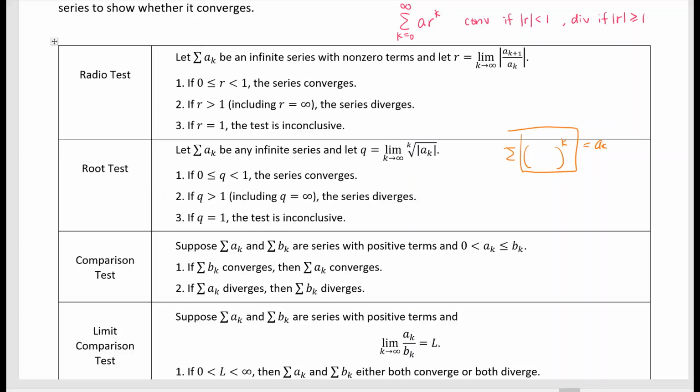Small r is small. How small? Smaller than 1. Then series converges. If the ratio is big, diverges. But at 1, we don't know, inconclusive. So small converges, big diverges. 1 is like the boundary. We don't know. So keep those in mind.